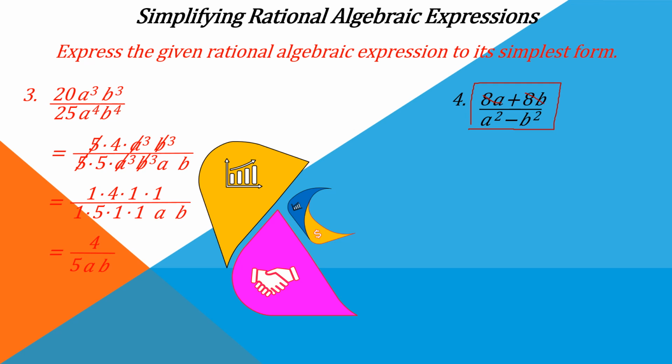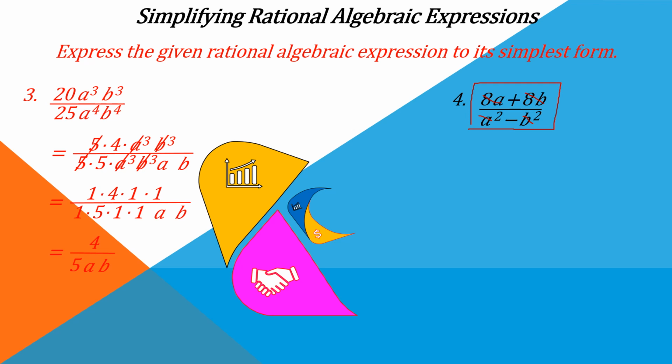And our denominator is a squared minus b squared, which is a difference of two perfect squares. Based on our discussions from the previous topic, a difference of two perfect squares can be factored by the first term and second term, and the signs for the second terms are positive and negative.